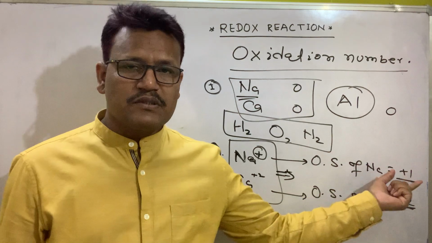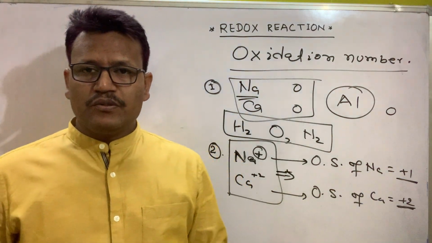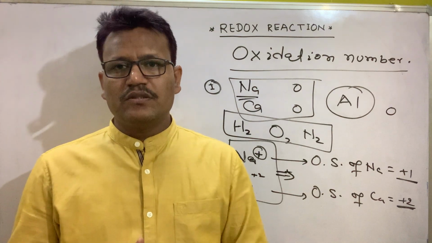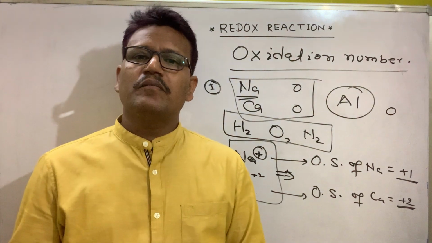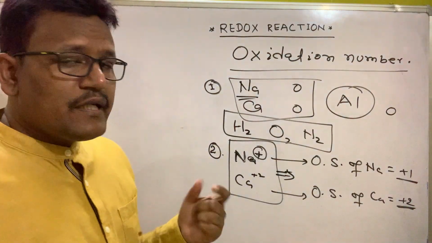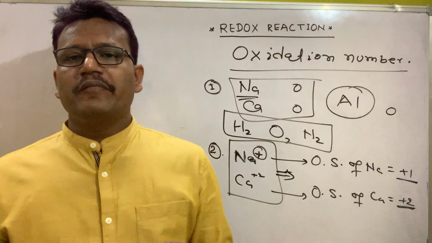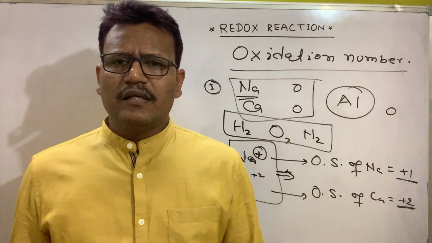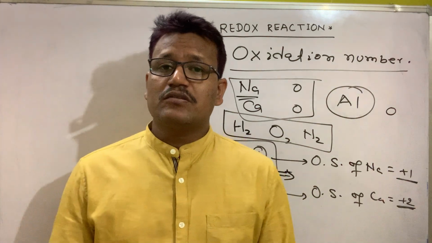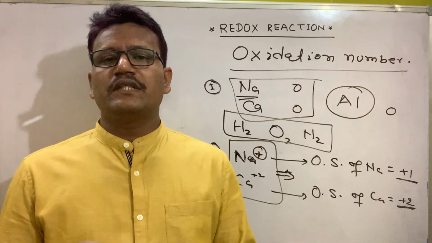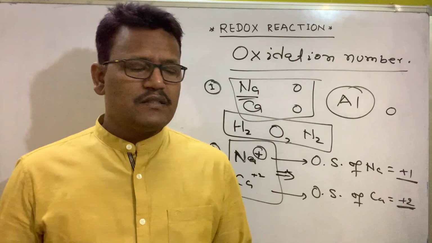Oxidation number would be positive. We know we have to remember the oxidation number may be 0, positive, negative, or a fraction. So in case of a monoatomic ion, that is, an ion may be a cation or anion, the oxidation number will be equal to the charge present on the ion.